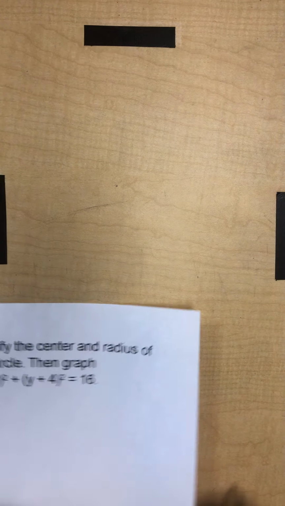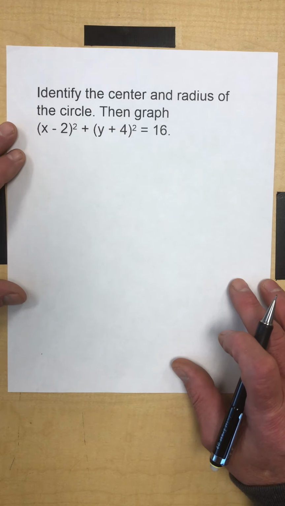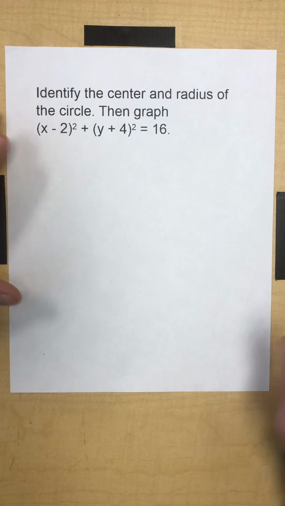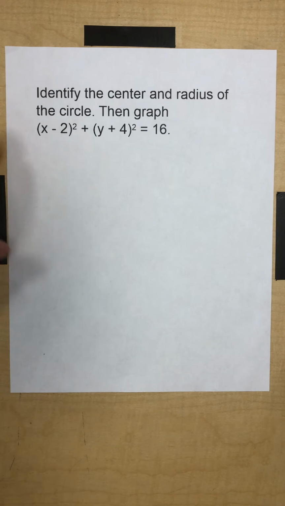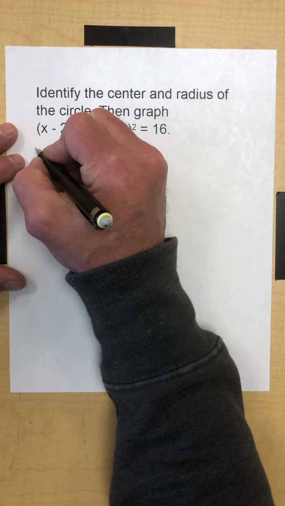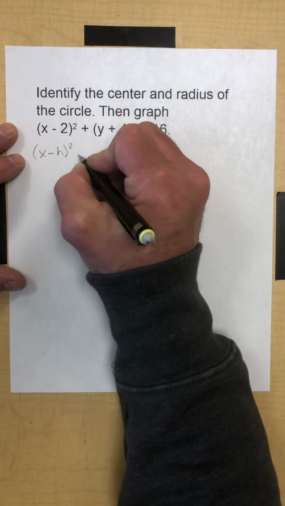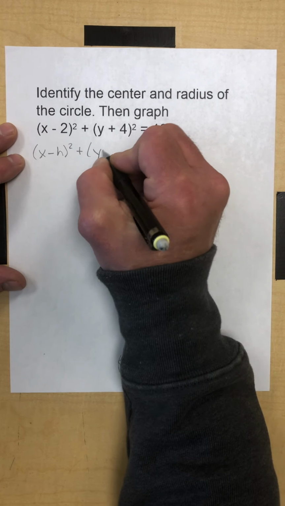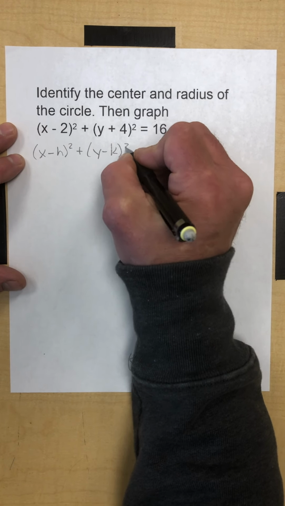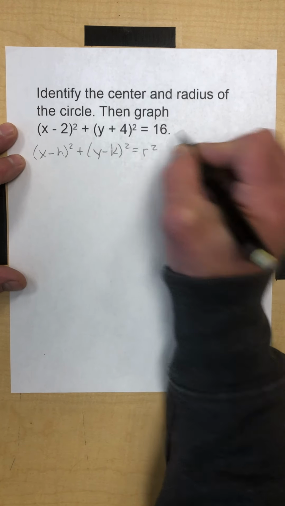So it gets a little bit tougher when things are not centered at the origin. So we have something like this. Let's see what we got going on. So again, it goes back to our x minus h squared plus y minus k squared equals r squared.